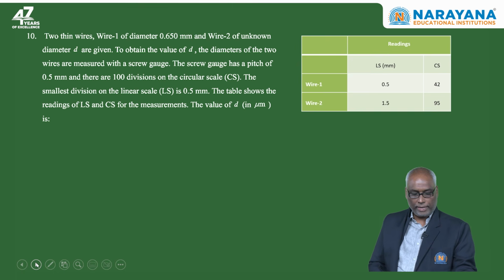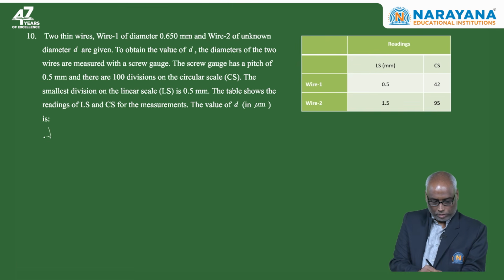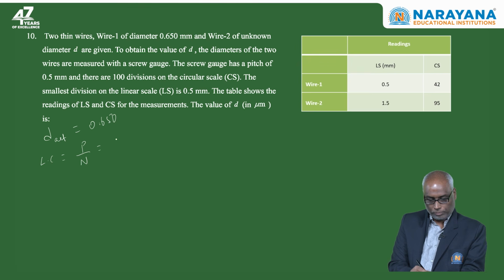So, here the actual diameter of wire 1, the true value, is given as 0.650. What about the measured value? To find the measured value, first of all we will consider the least count. Least count is pitch divided by the number of circular scale divisions. Pitch of the screw is 0.5 millimeter and the number of divisions is 100.